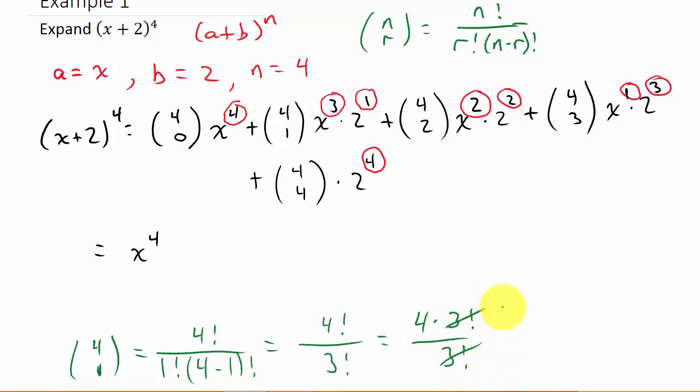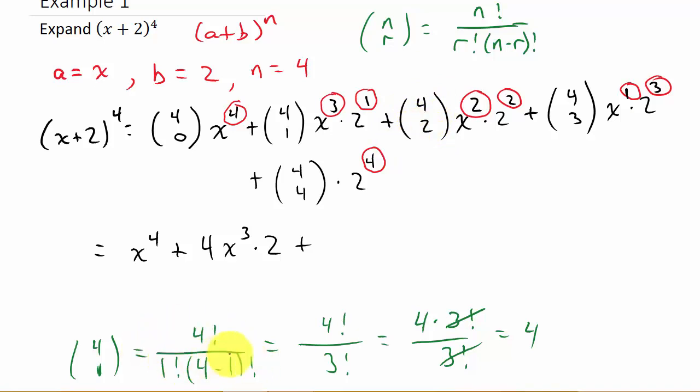So you see how the 3 factorials cancel and we're left with 4. So this is going to be plus 4 times x cubed times, and then 2 to the first is 2. Plus, and then we've got combination 4 choose 2.